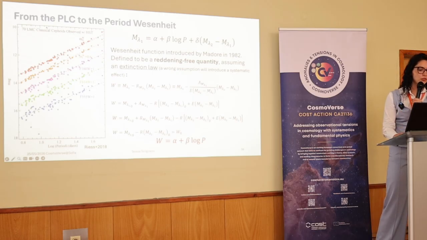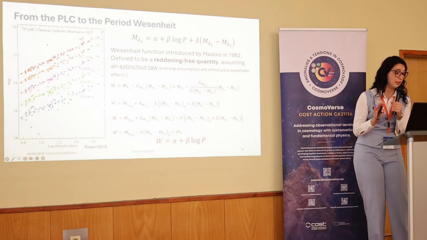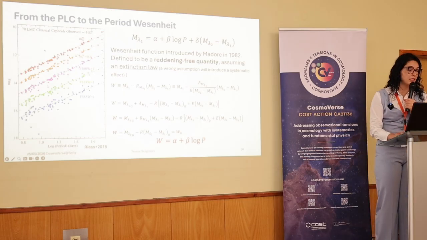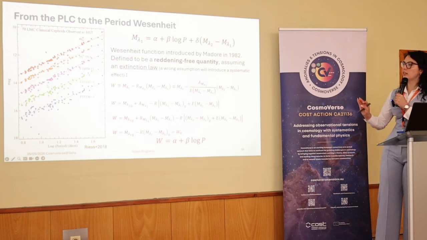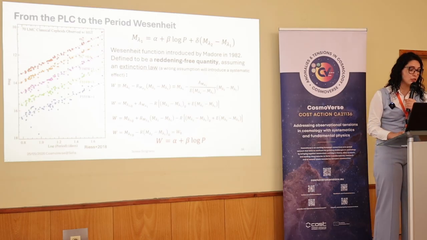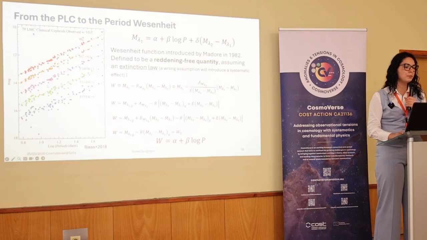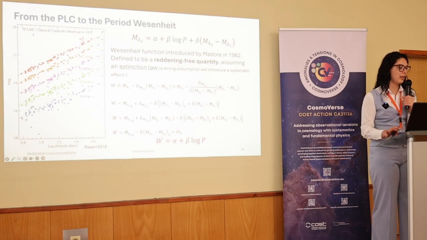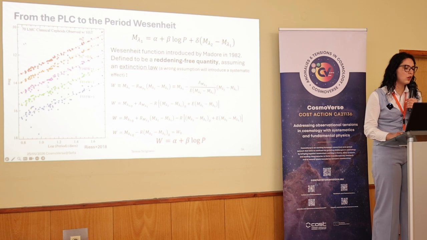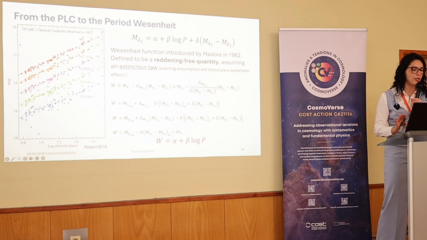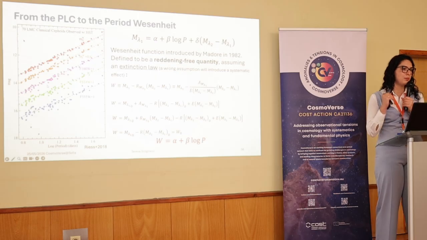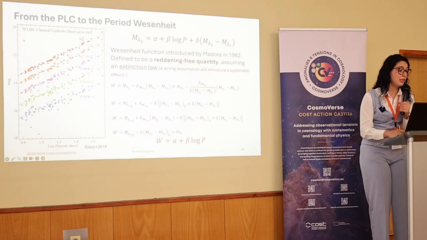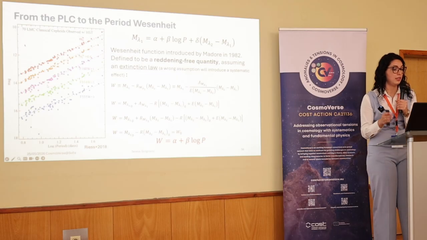Indeed, here you can see all the relations in the HST bands. The first three are period luminosity relations, and you can see the dispersion. The last two relations are only period Wesenheit relations, and you can see that the dispersion, by definition, is smaller. This means that this is a better projection of the period luminosity color plane with respect to the period luminosity relation.